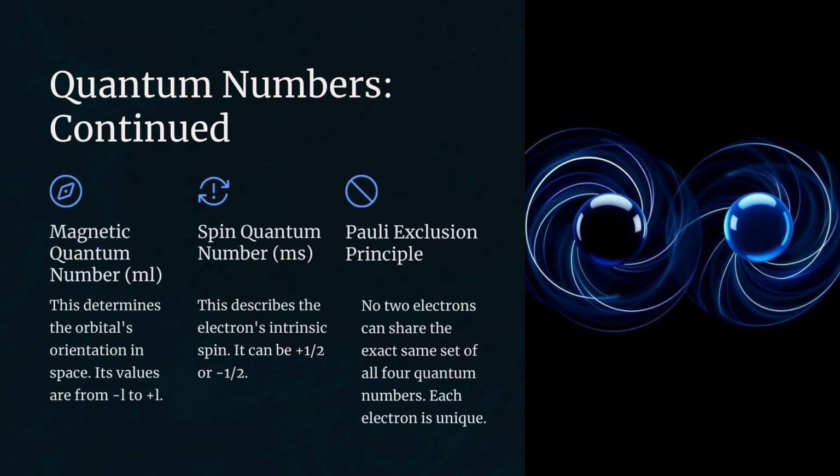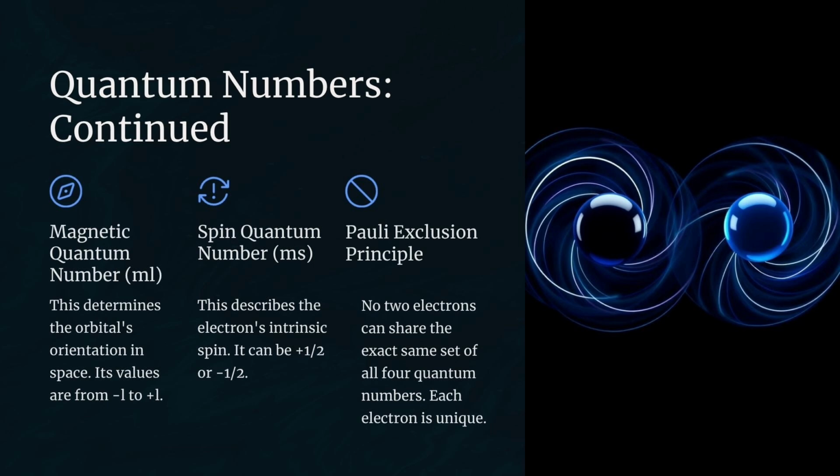Its values depend on l. They range from negative l to positive l, including 0. For example, if l equals 1, a p orbital, m_l can be negative 1, 0, or positive 1, representing three different p orbitals oriented along the x, y, and z axes.